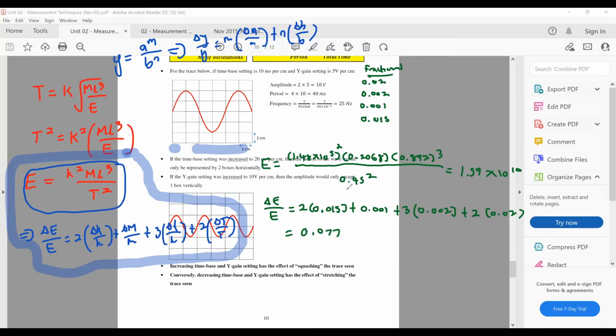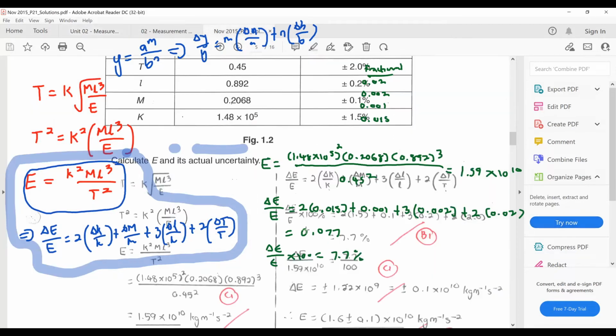So your percentage uncertainty of E would be 7.7%.